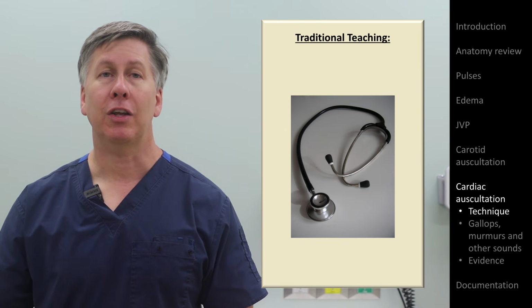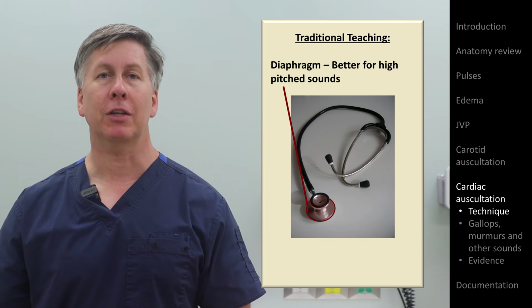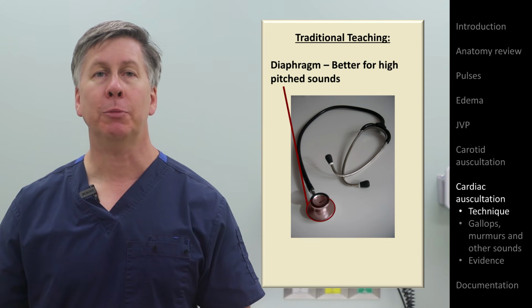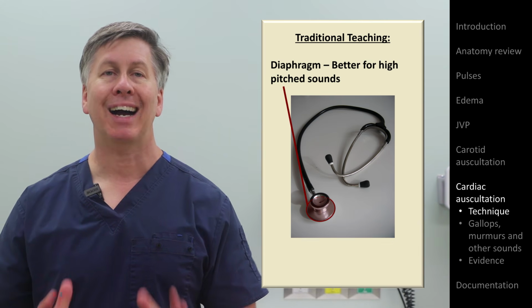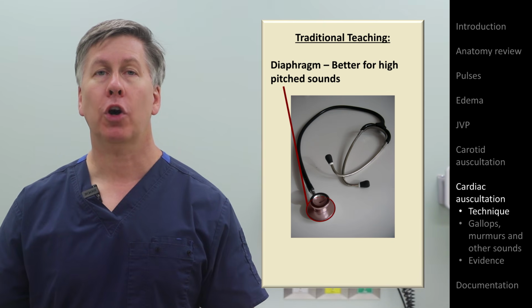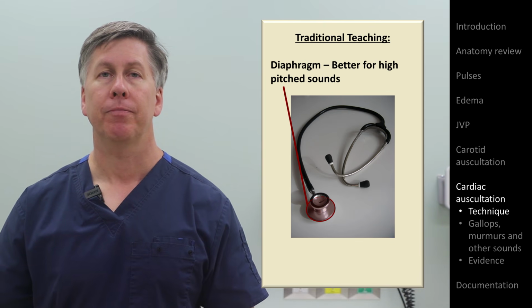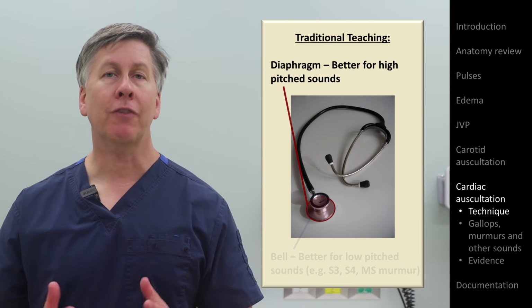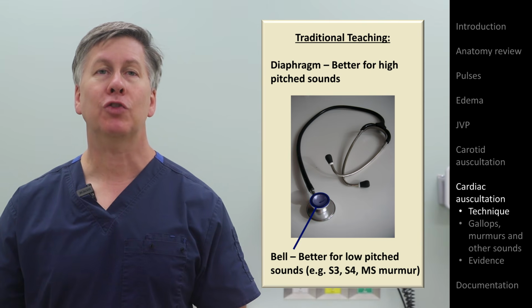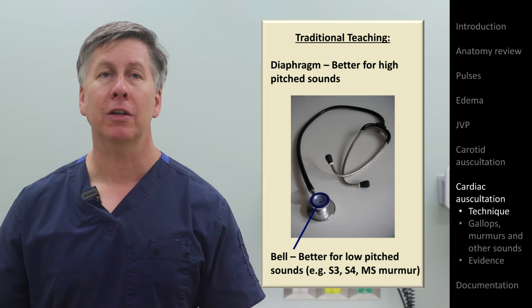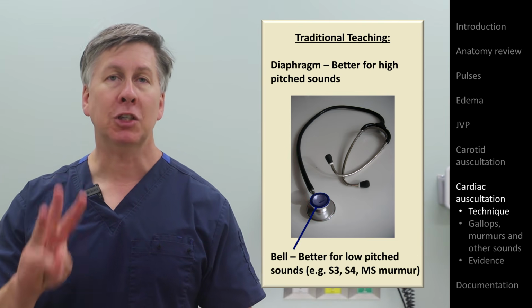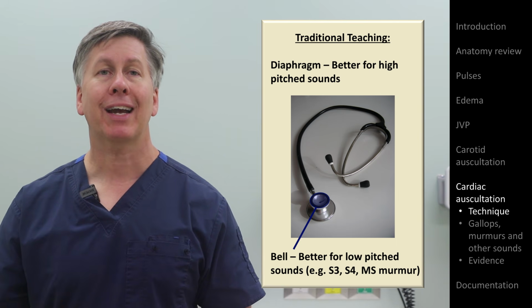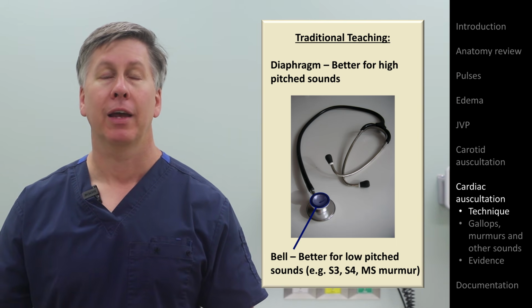Conventional teaching is that the wider and shallower diaphragm of the stethoscope head should be used for this because it better transmits higher pitched sounds, which most cardiac sounds and murmurs are. And then the deeper and coverless bell of the stethoscope is additionally used at the cardiac apex to listen for 3 specific low-pitched sounds that can occur at that location.